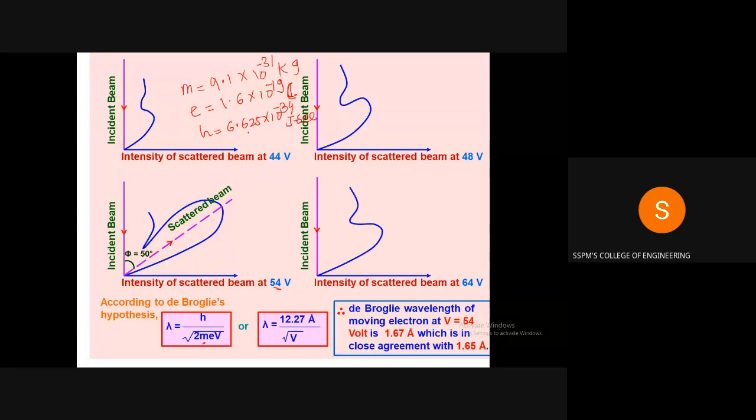And if you're substituting all the values here in addition to the voltage applied, that is 54 volts, lambda equals to 6.625 into 10 raised to minus 34 upon square root of 2 into 9.1 into 10 raised to minus 31 into 1.6 into 10 raised to minus 19 into V.